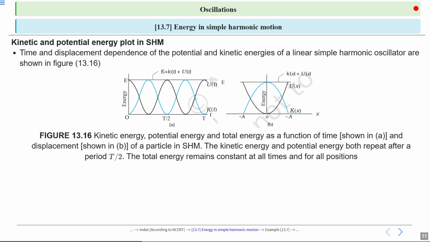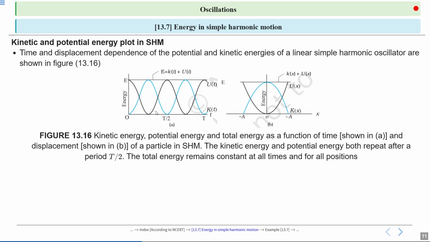The graph shows that as the object moves, energy shifts between kinetic and potential forms, but the total energy stays the same. The curves for the kinetic and potential energy are always out of phase. When one is at a maximum, the other is at a minimum.